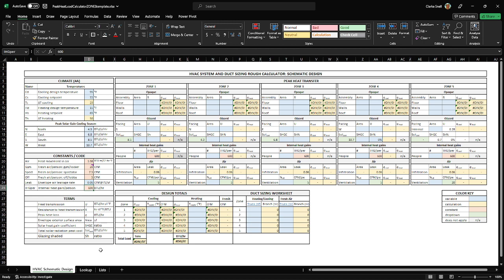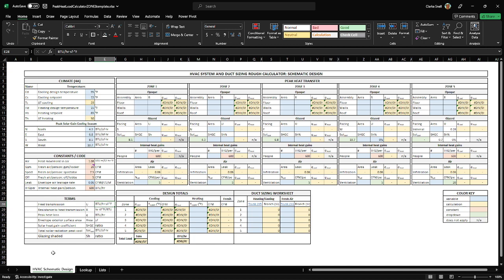Then we also need to know the internal heat gain per person, which is in BTUs per hour. Then I have some terms down here that you should probably already know, but I've defined them with their units so you can refer to them.